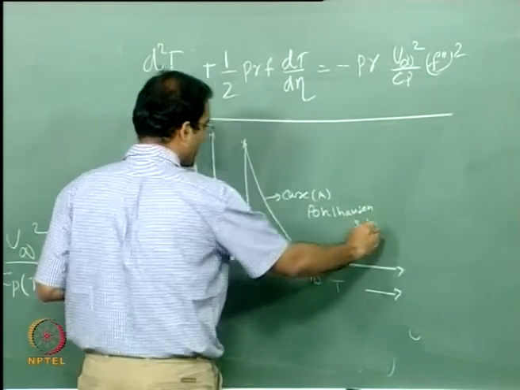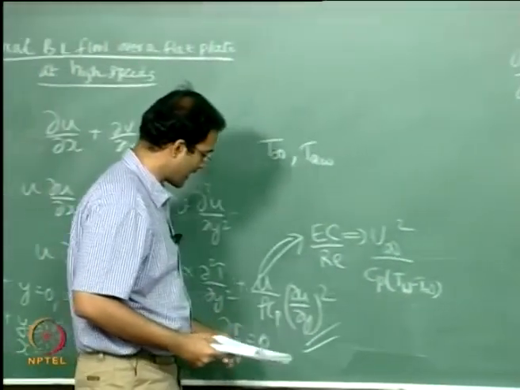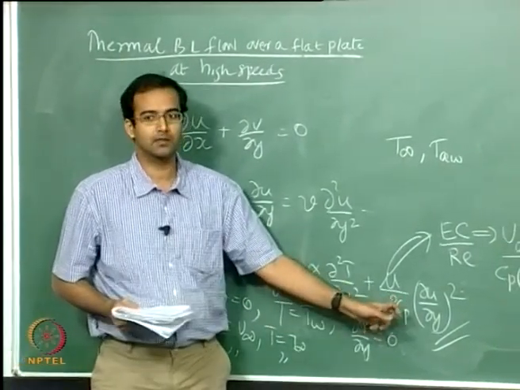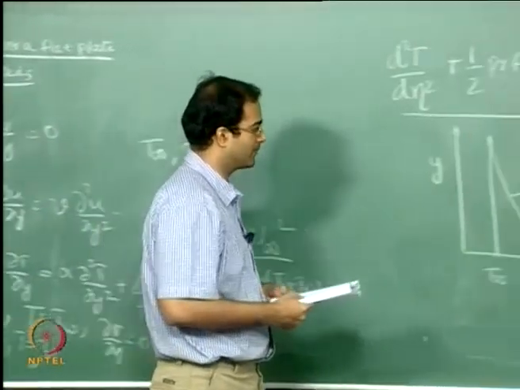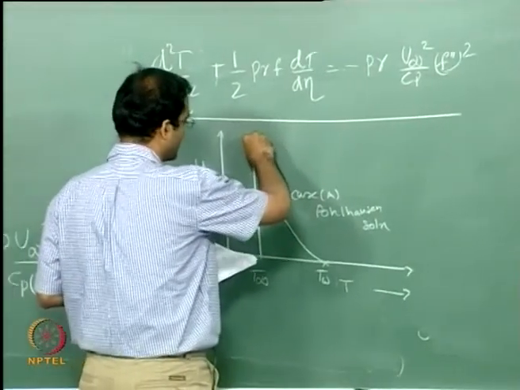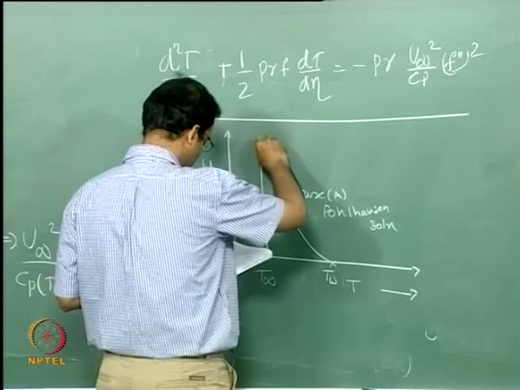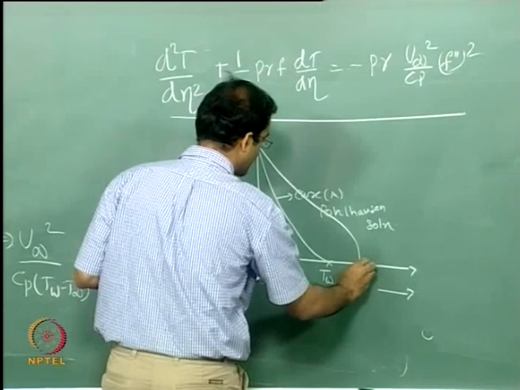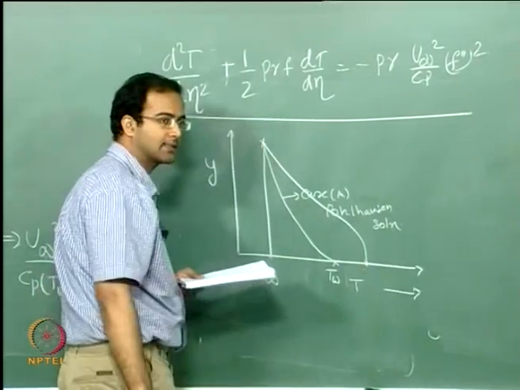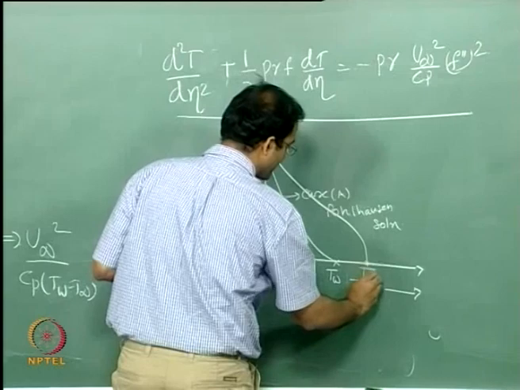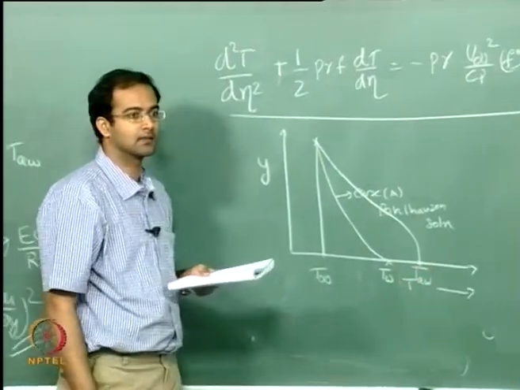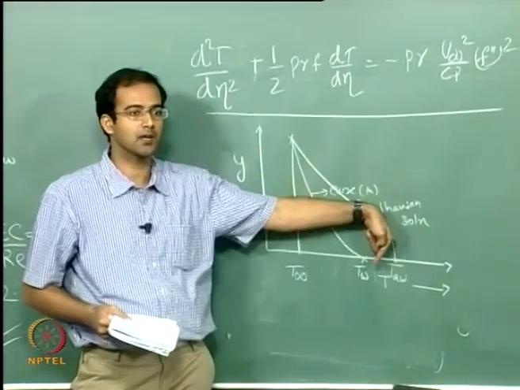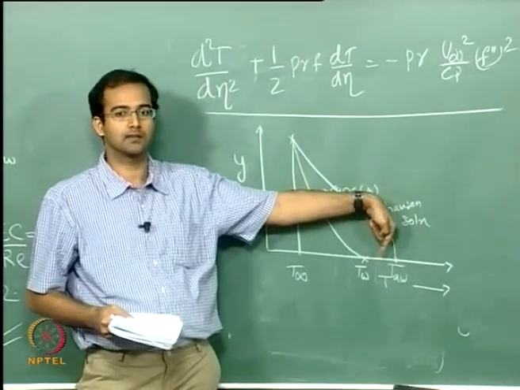Now if you do case B, that is you apply an adiabatic condition at the wall but you include the viscous dissipation term, your temperature profile will look something like this. The temperature value that you see here is the highest, which is nothing but your adiabatic wall temperature, and the condition that the flux has to be 0 makes sure that the profile becomes normal at the boundary.